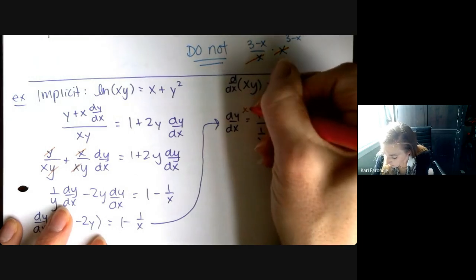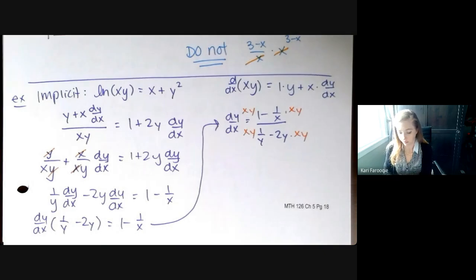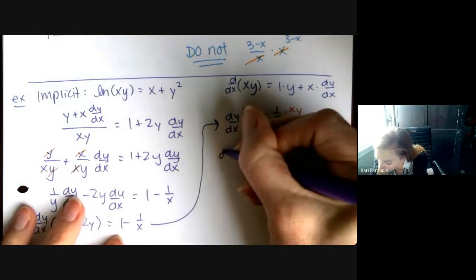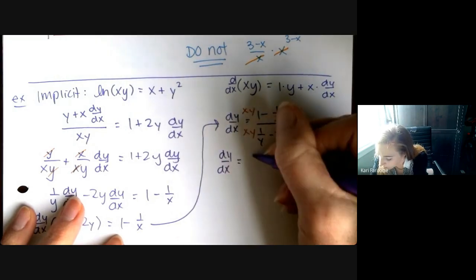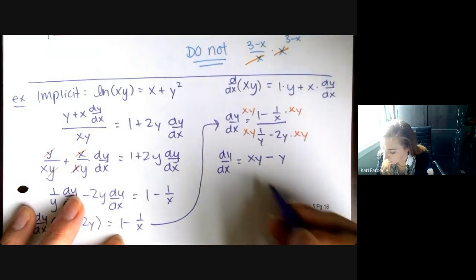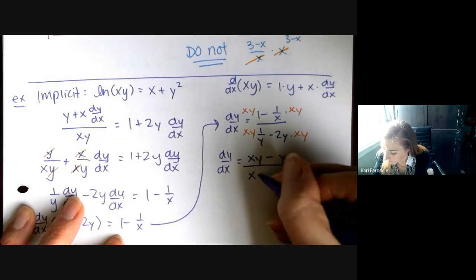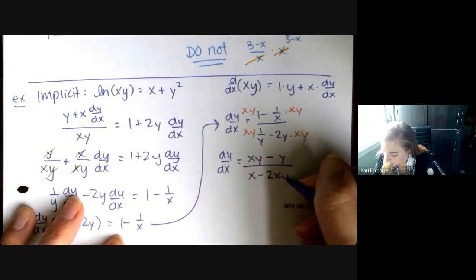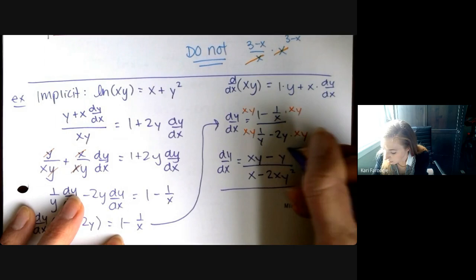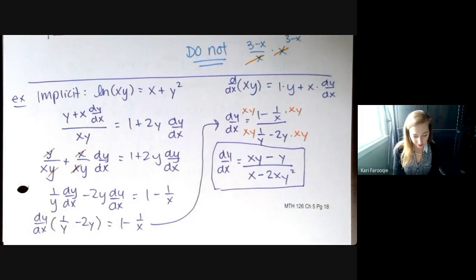Times xy, times xy, times xy. And then when we simplify this, we have dy/dx equals xy minus, the x's cancel and you just get y, divided by, the y's cancel and you just get x minus 2xy squared. You're done. And I have just enough time to hop in my car and go to preschool pickup.